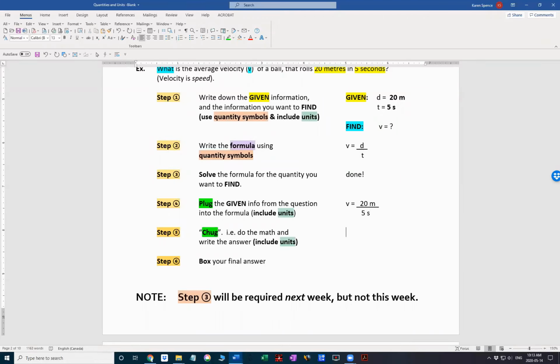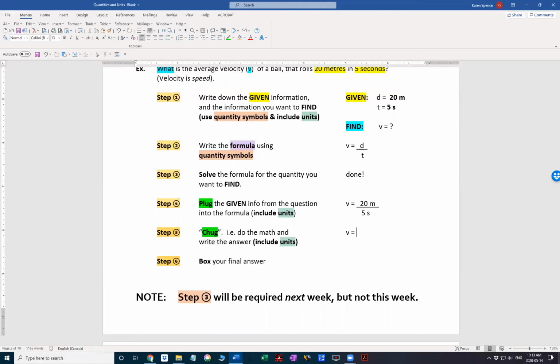And one thing I forgot is that when you plug things in, you are going to make sure you also plug in the units. So you want to make sure that you don't just write 20, but that you write 20 meters. And you don't just write 5, you write 5 seconds. By chug, we usually mean you grab your calculator or your brain and you do that math, whatever it is. In this case, we're dividing 20 by 5.